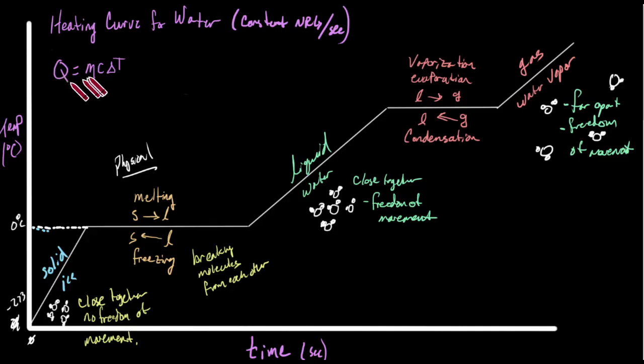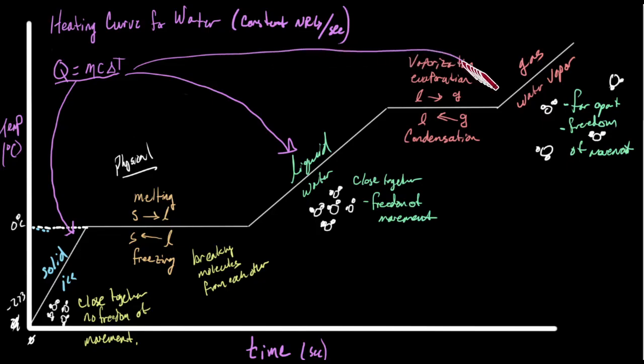If we're adding heat to a substance, its temperature will increase. All right, so this term right here is for all of these slanty parts. Now I'll tell you that each one of these has a different specific heat.